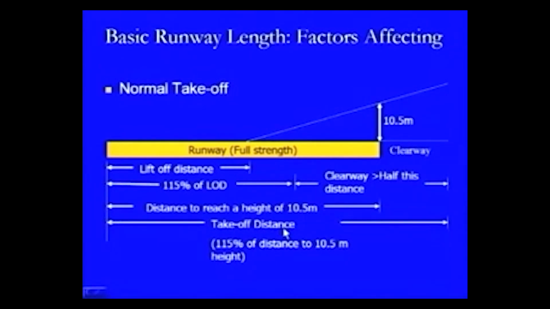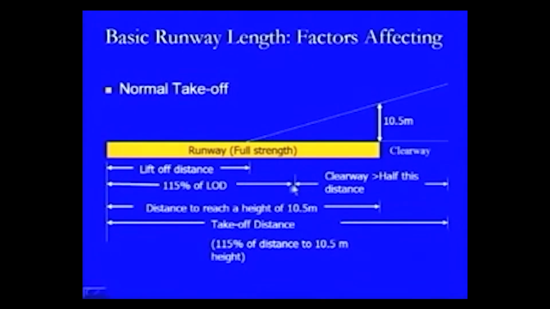Then the takeoff distance is going to be 115% of the distance required to reach a height of 10.5 meters. That is, if this is 10.5 meters, then the takeoff distance is going to be 115% of that. So, we come up to this value, then from this value we go back by the length of the clearway, which is again specified.